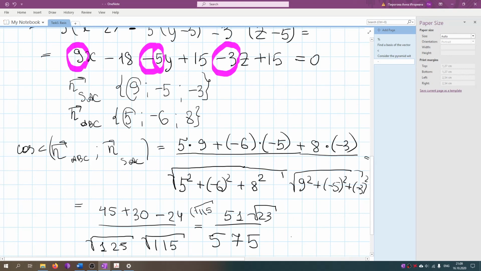So that's the answer to part A of the second part. So that's the answer. And let's go to the next task, which is part B.